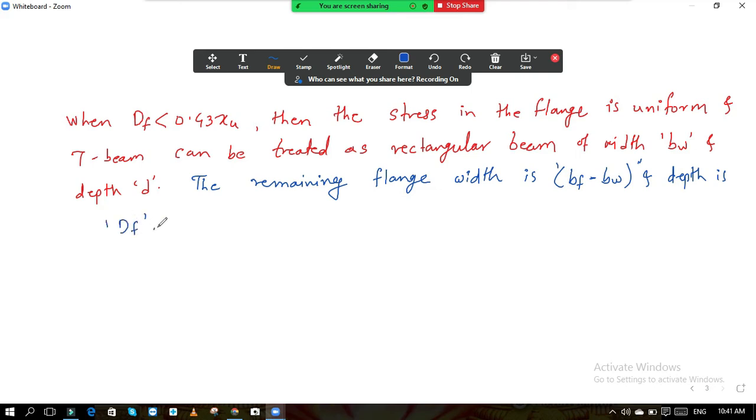DF is the depth. Okay, so these are the two sections.